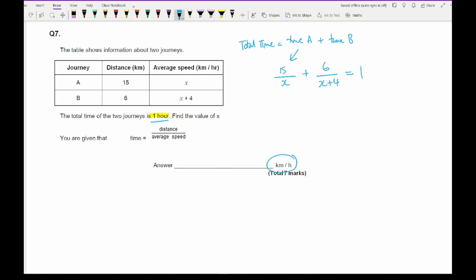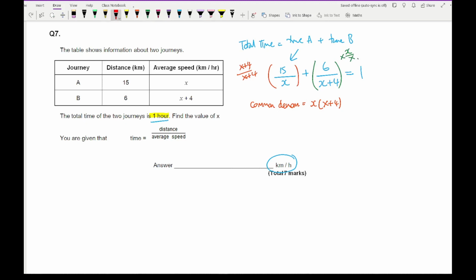But again, all we then need to do is this. Now looking at this and looking at what we've already done, our common denominator in this case is going to be x plus 4. So what I then need to do is multiply this first fraction by x plus 4 over x plus 4, and multiply this second fraction by x over x.